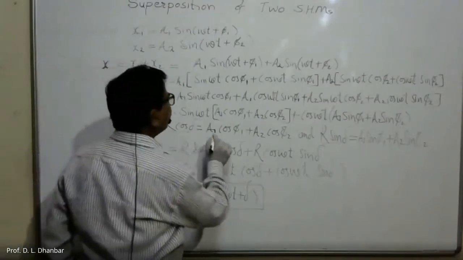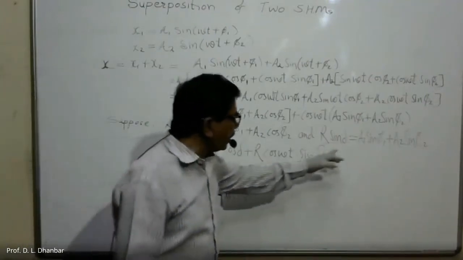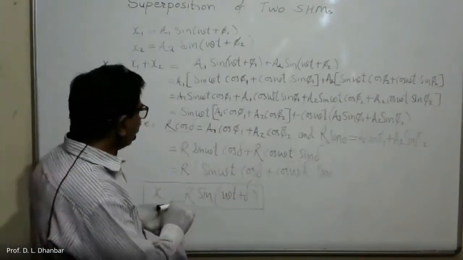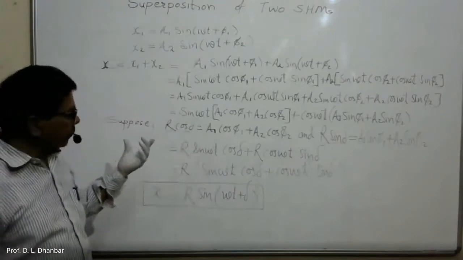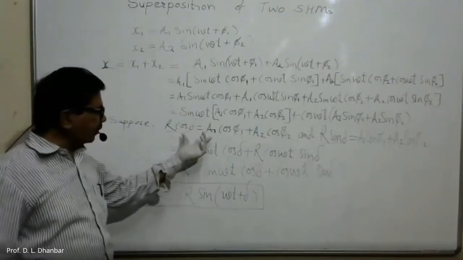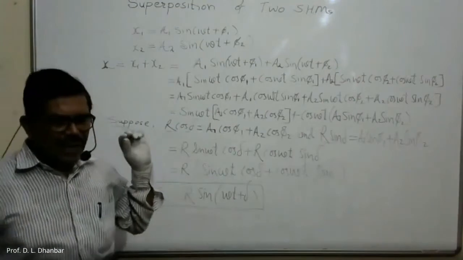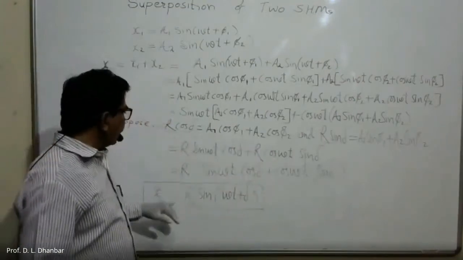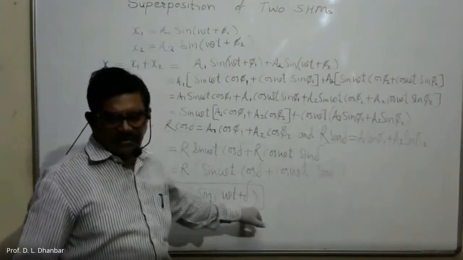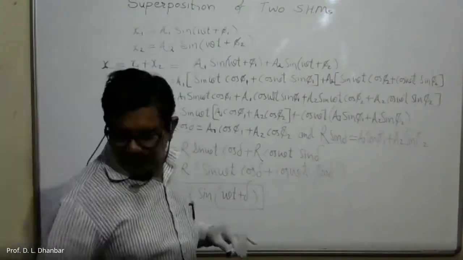R cos delta is equal to a1 cos of phi 1 plus a2 cos of phi 2, and R sin delta is equal to a1 sin phi 1 plus a2 sin of phi 2. So squaring and adding these two equations, means first of all you have to take the square of both the equations and then add them, we will get an equation for capital R. Also we'll get an equation for delta. This is the resultant phase. Okay, so let us find this equation.